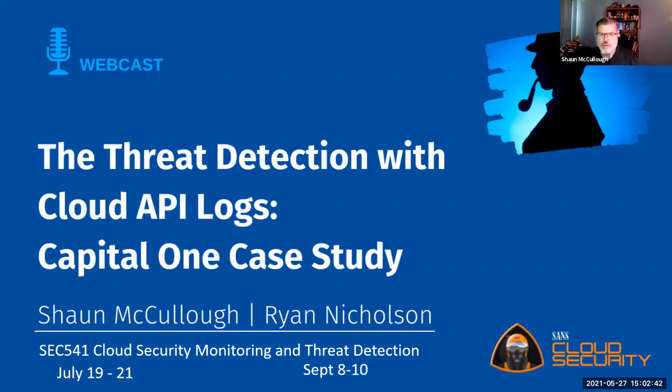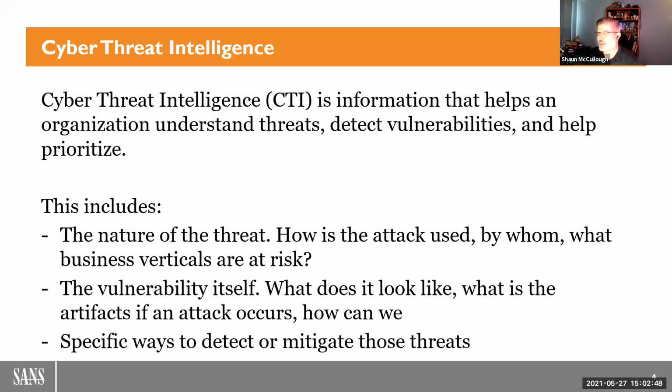And so when we look at threat detection, we've got to start with information. There we go, all right, it worked. So threat detection really starts with threat intelligence. This is information that helps inform you of what kind of threats there are, how they operate, what they're looking to do, that kind of stuff. When I look at threat intel, I break it into 3 pieces. There's what I call atomic indicators.